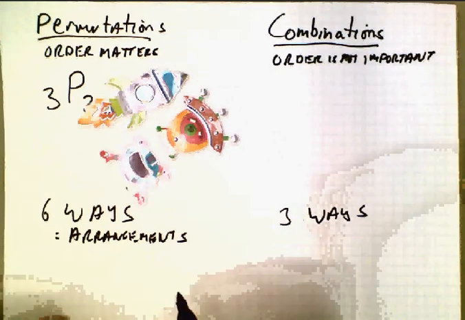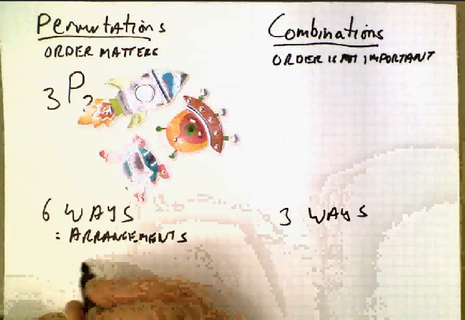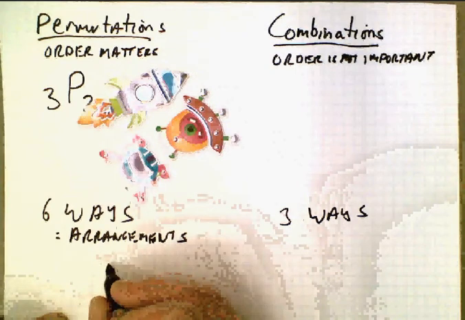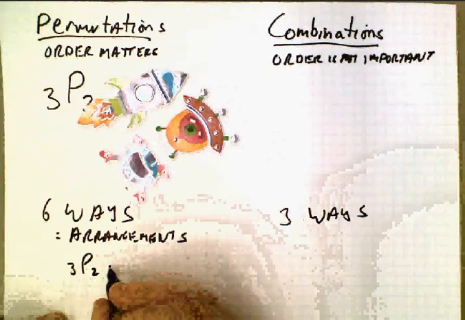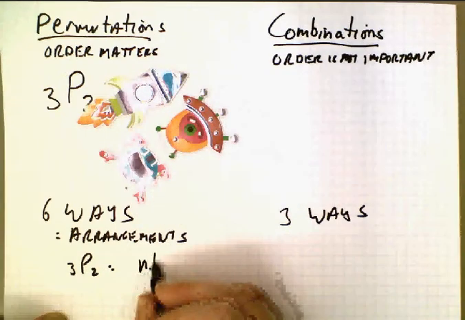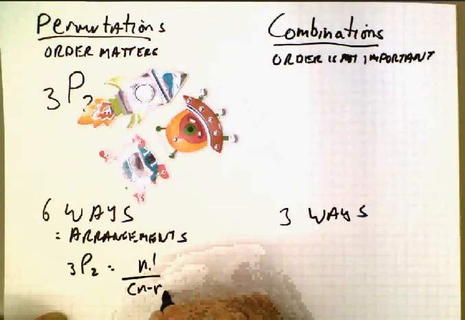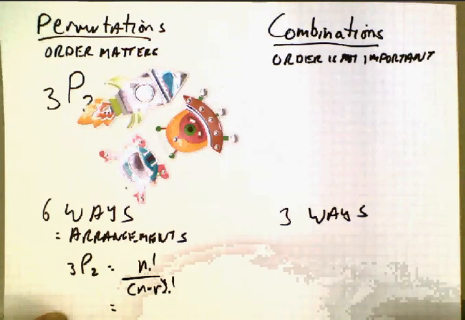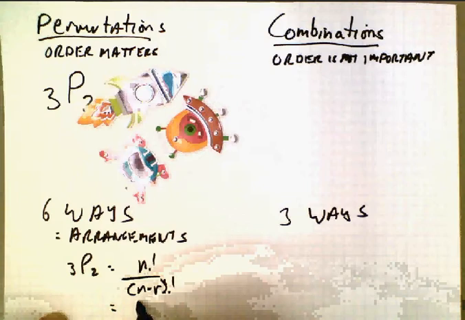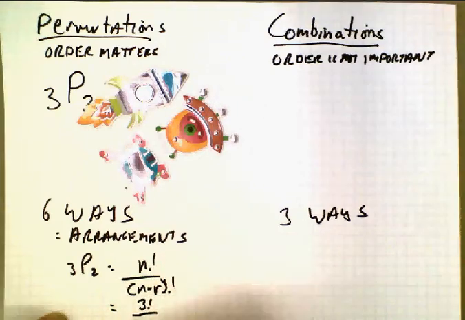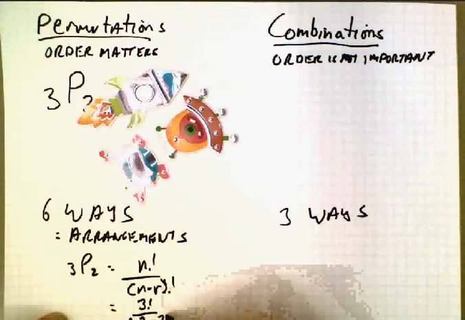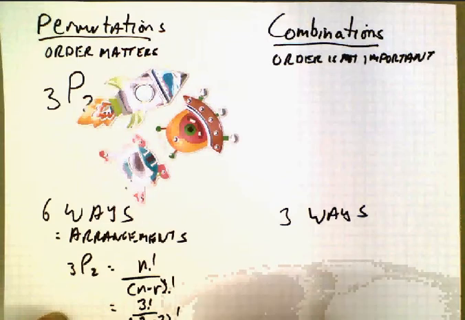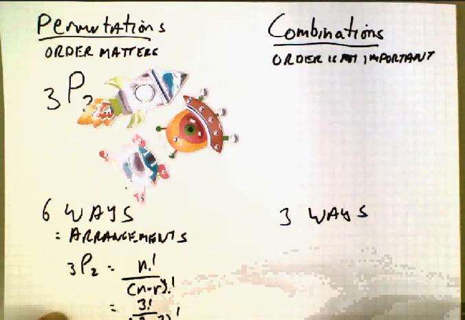Now, interestingly, if we look at the formula, 3P2, that's the same as saying n factorial over n minus r factorial, and that should equal 3 factorial divided by 3 minus 2 factorial, which equals 6.